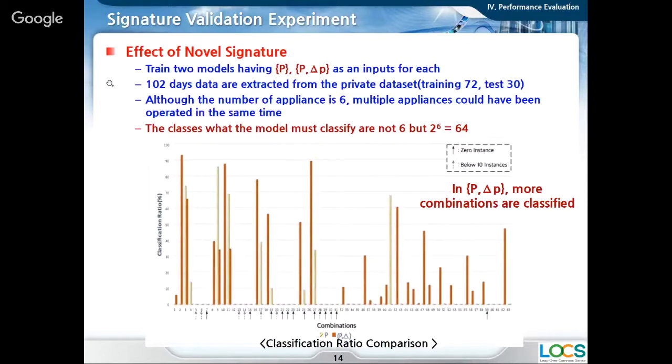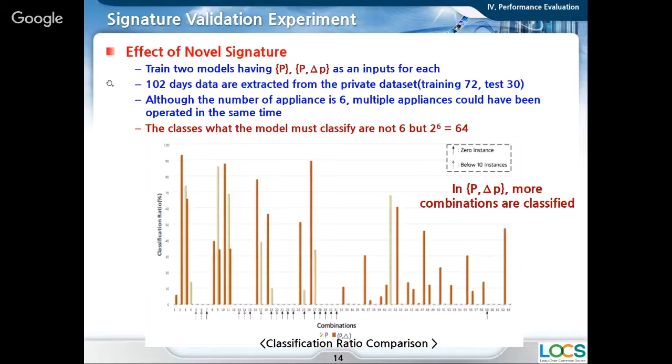So here is the effect of novel signatures. We trained two models: the first model having the original power P, and the second model having the original power P and the delta P. The number of appliances is 6, and the number of combinations is 64.